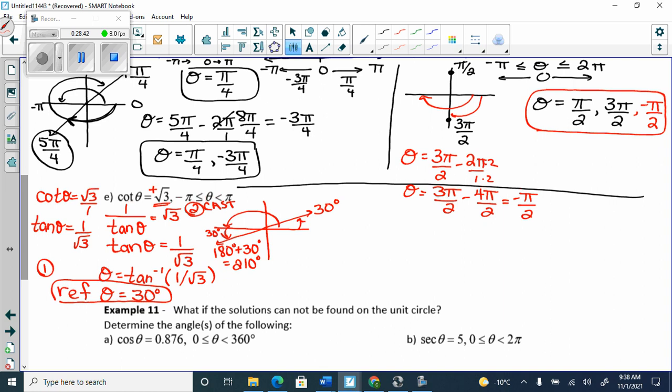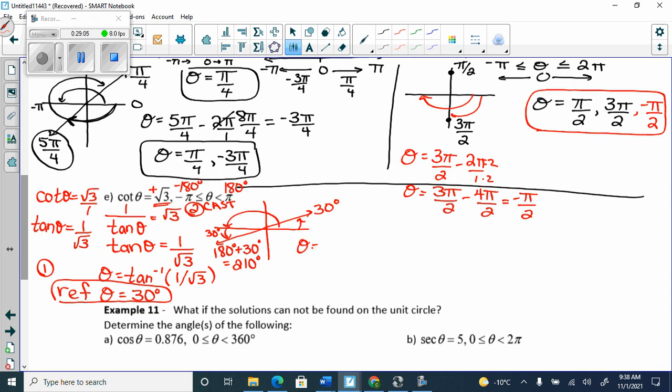This domain is from negative 180 to 180. We agree? Which fits? Just the 30 fits, correct? Does 210 fit? No. Does its coterminal fit? Yeah. Okay, so we can try these out.